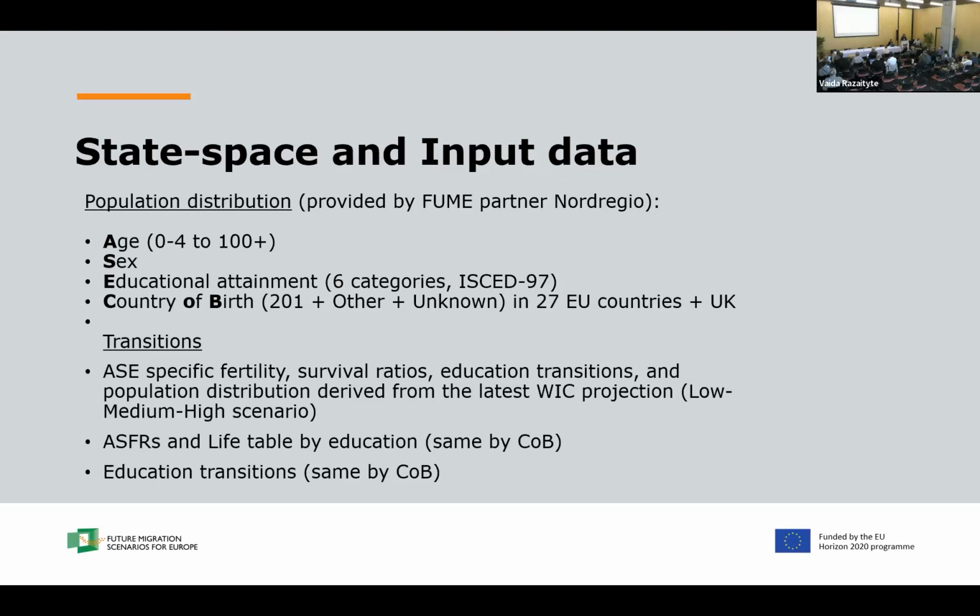And then the transitions are used from the Wittgenstein Center projection using the SSP2 assumptions. Those are the same by country of birth for the education transitions and also the fertility and mortality.